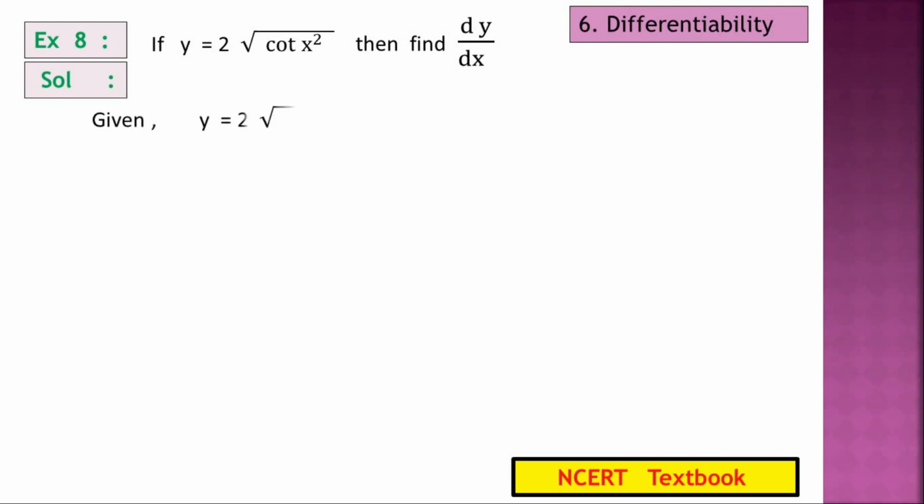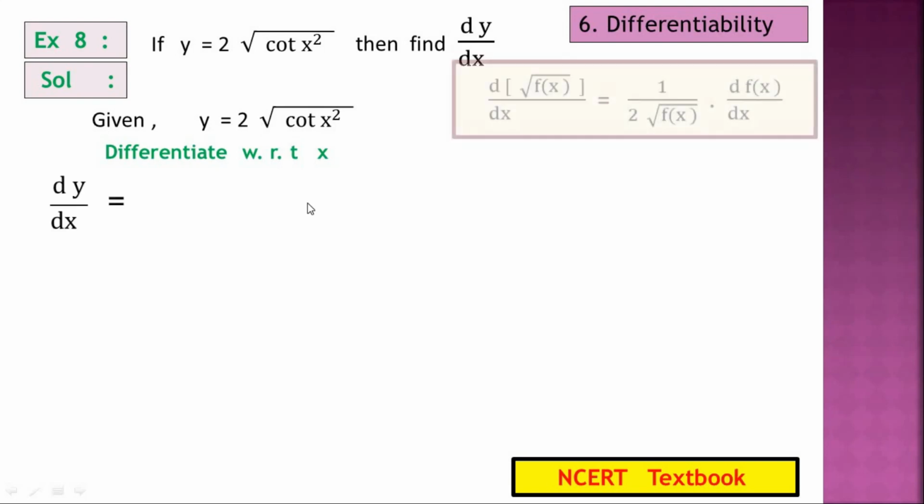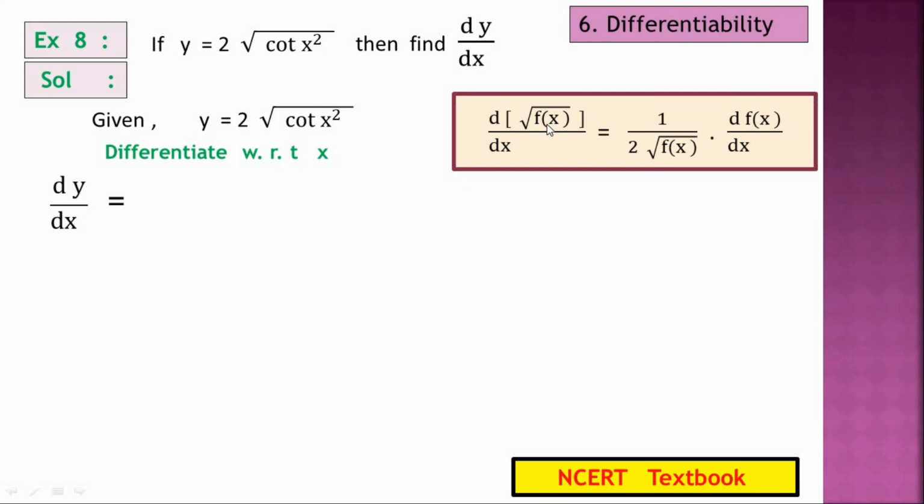Now, see the solution. First, you write the given y function, y is equal to 2 into root cot x square, and then dy by dx. Recall the root f of x derivative. For the root of any function, it is written as 1 by 2 root of the same function into d by dx of the function inside the root. I follow the same.